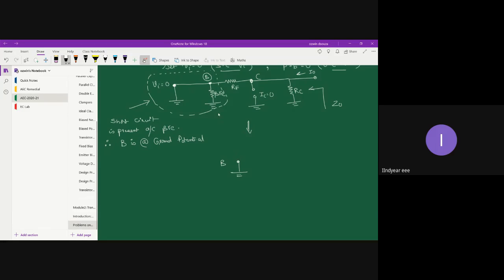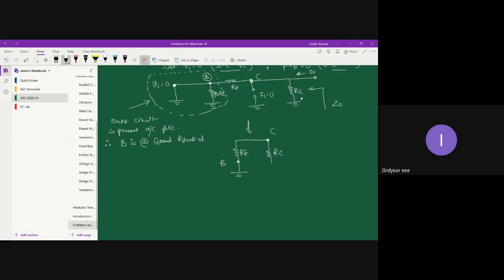So this same base is then connected to RF as well. So let me connect RF here. The other end of RF is connected to the collector, and the collector terminal is also connected to RC.